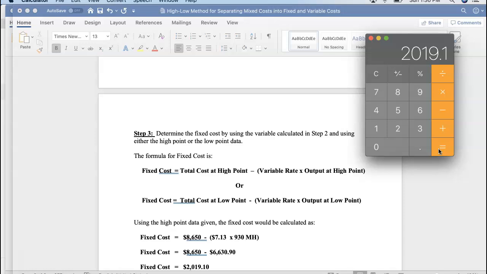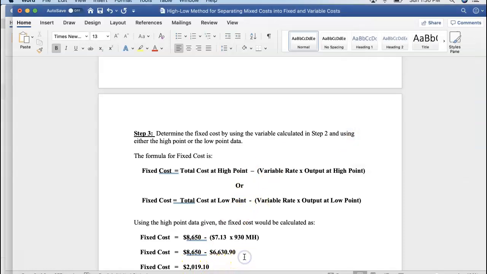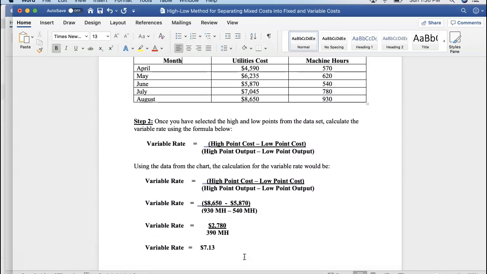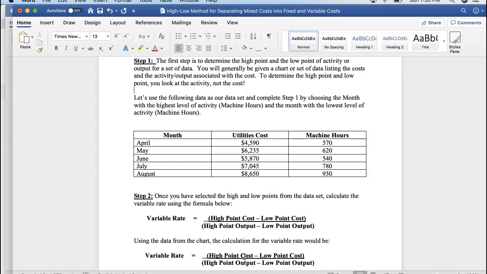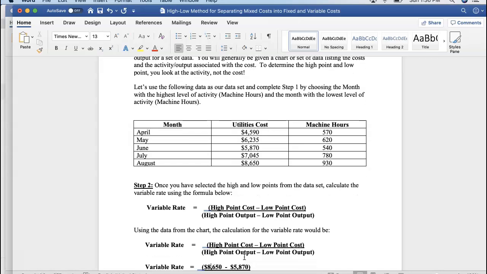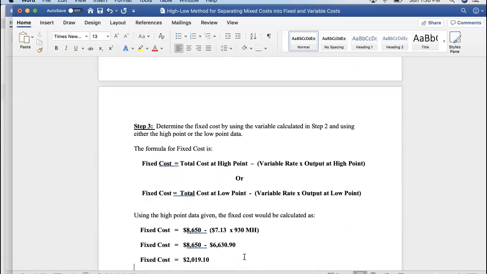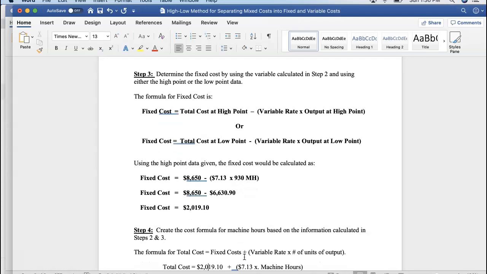So if we're saying that fixed cost is $2,019.10, and our variable rate, let's scroll up, was $7.13, then I can go back in and I can say my total cost equals my fixed cost plus my variable cost. So here's that formula, total cost, okay, equals, I don't know my total cost now, but I can plug it in from the numbers in the chart.